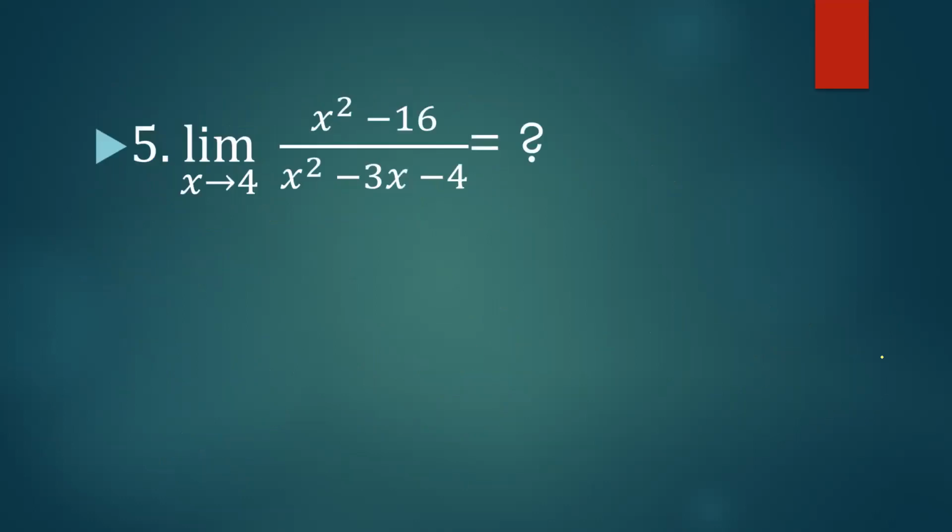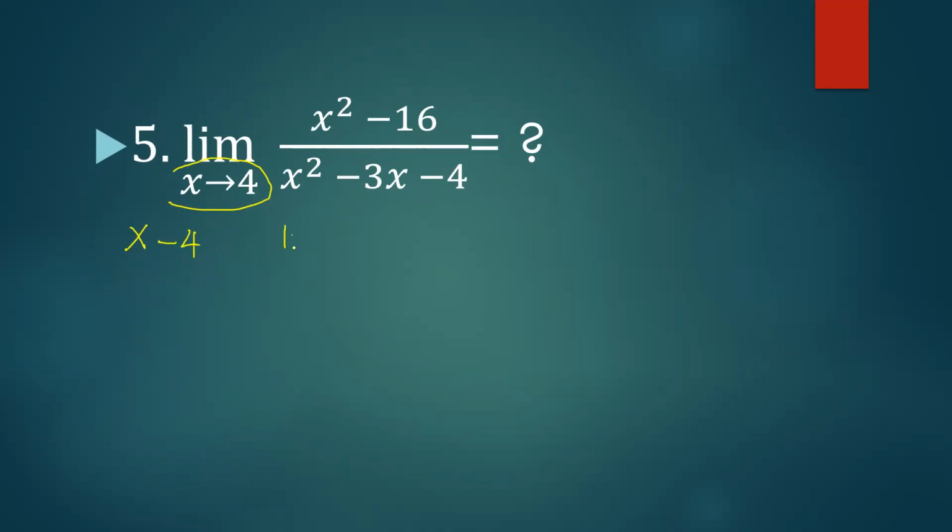What about number 5? What's the limit of x squared minus 16 over x squared minus 3x minus 4 as x approaches 4? Okay, I will fast forward our timer. So, i-substitute natin yung 4. That will be 0 over 0. So, magiging expected factor to cancel out is x minus 4, no?